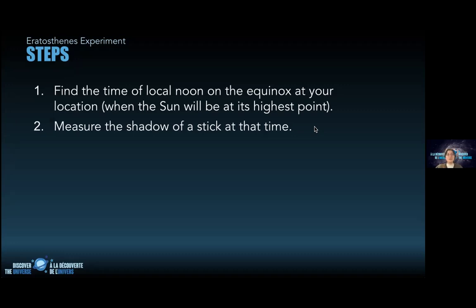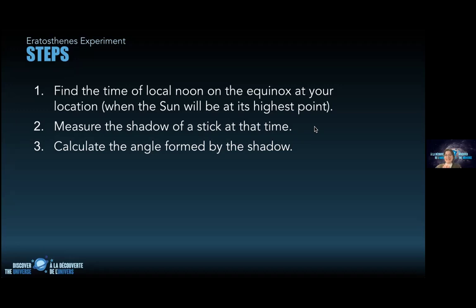Then you'll want to hold the stick vertically and measure the shadow that the stick casts at that local noon. You'll also want to calculate or measure the angle formed by the shadow. So you'll have the vertical stick, you have the shadow, and you want to calculate this angle right here.